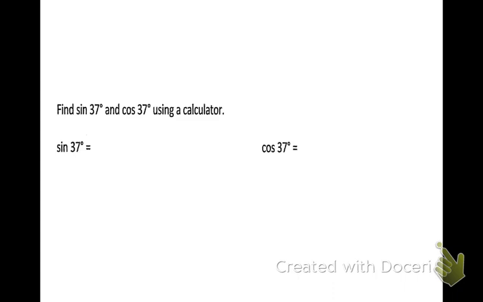Sine of 37. 0.6018. What'd you get for the cosine of 37, Alyssa? 0.7986. Anybody not getting those numbers?